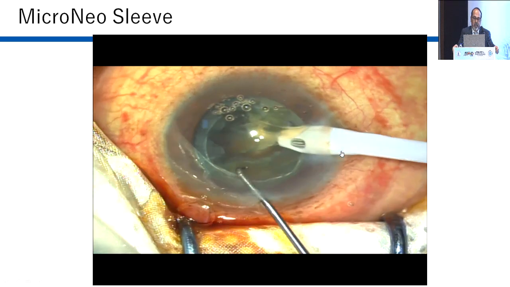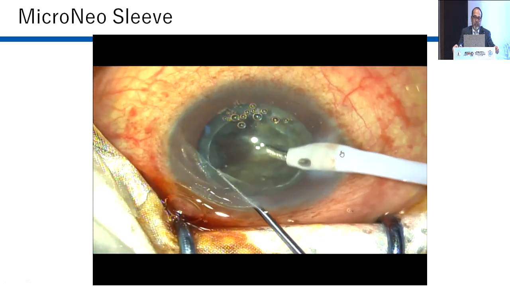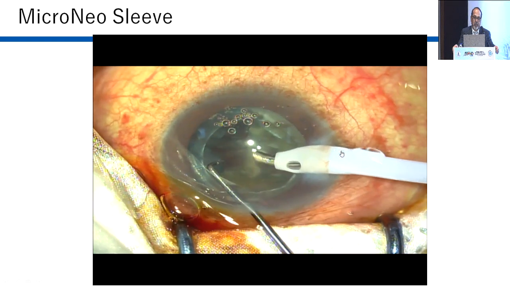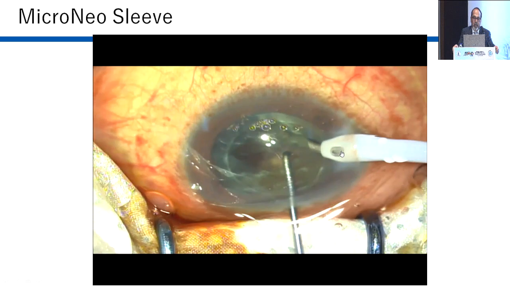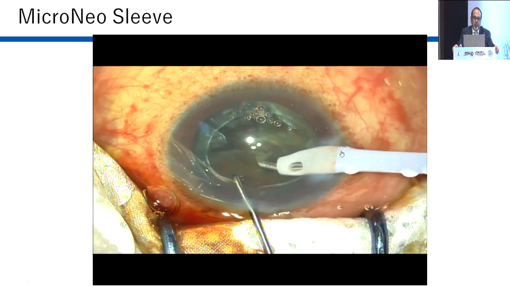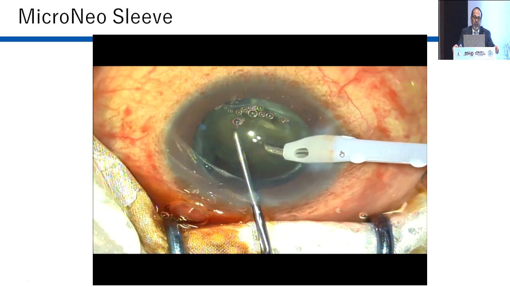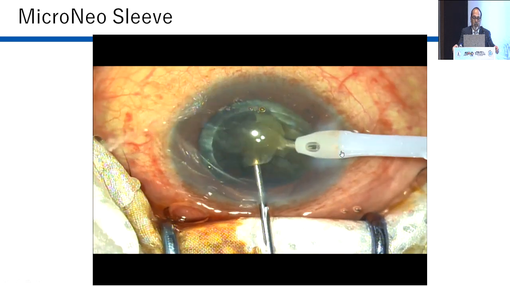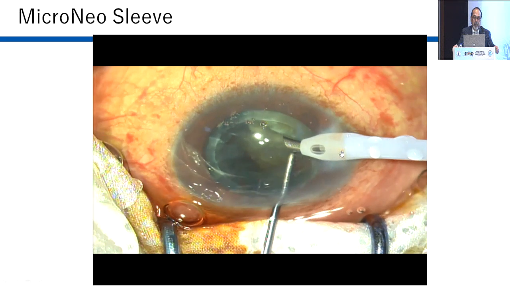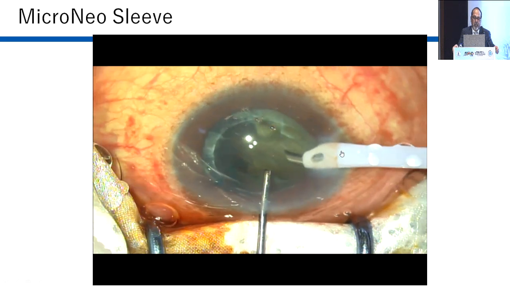And with this high volume irrigation flow, you can see that the chamber stability and the comfort of doing everything is very high, and you can very easily emulsify even the hardest of these. This is again a very hard cataract.